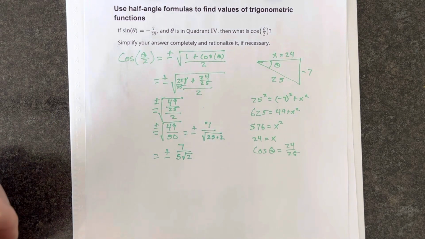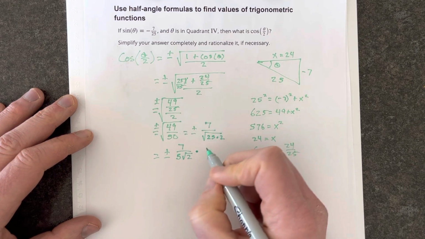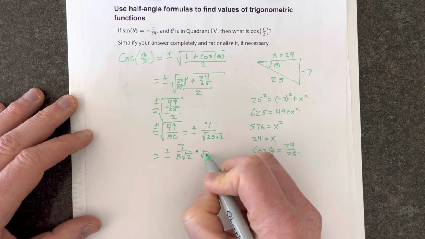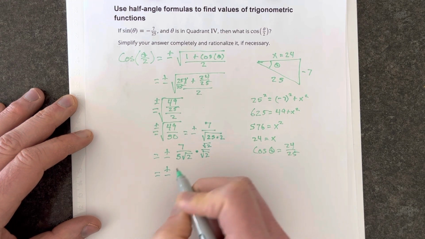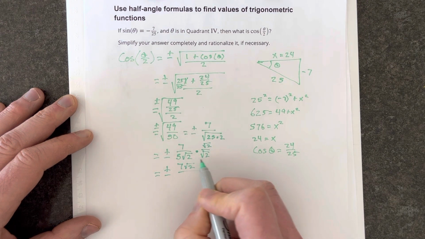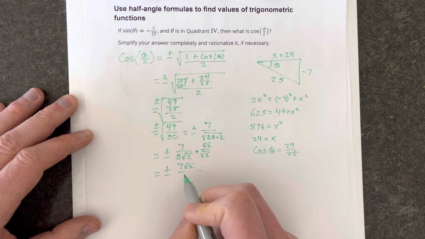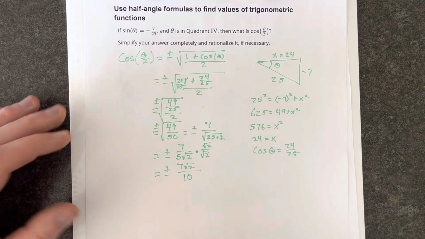If I rationalize that denominator, I can multiply by root 2 over root 2, which gives plus and minus 7 root 2 over, root 2 times root 2 is 2, so 7 root 2 over 2 times 5, which is 10.